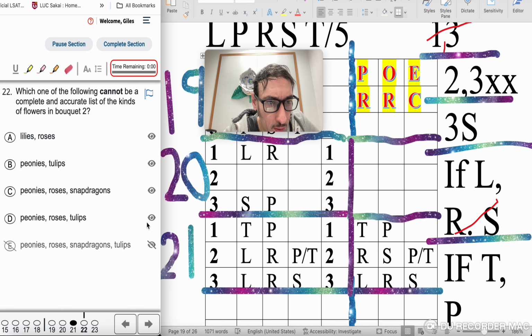Now keep in mind though, if a T is there, that's going to keep the P in there, and also the letter R with L. So I don't see the letter L with R here. I was hoping I could see it. Also with tulip, I see P. So these two are going to work out.